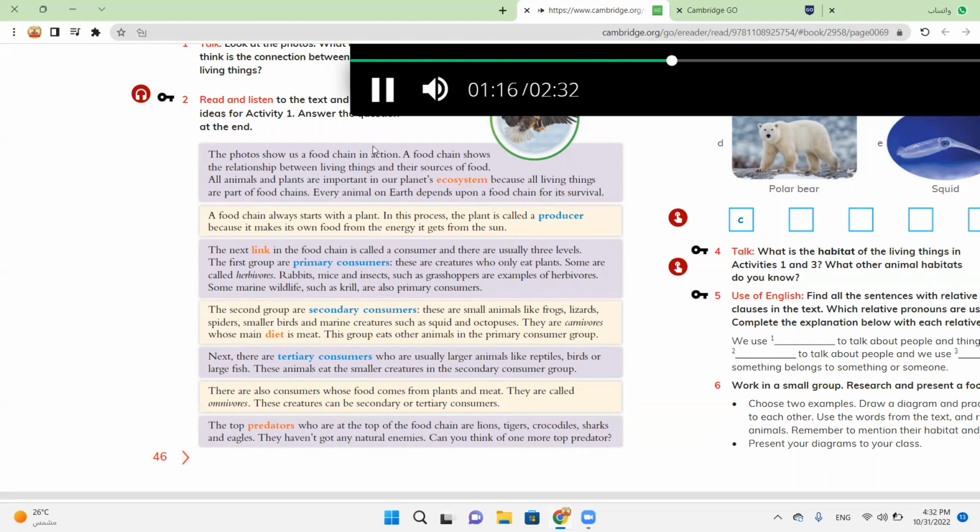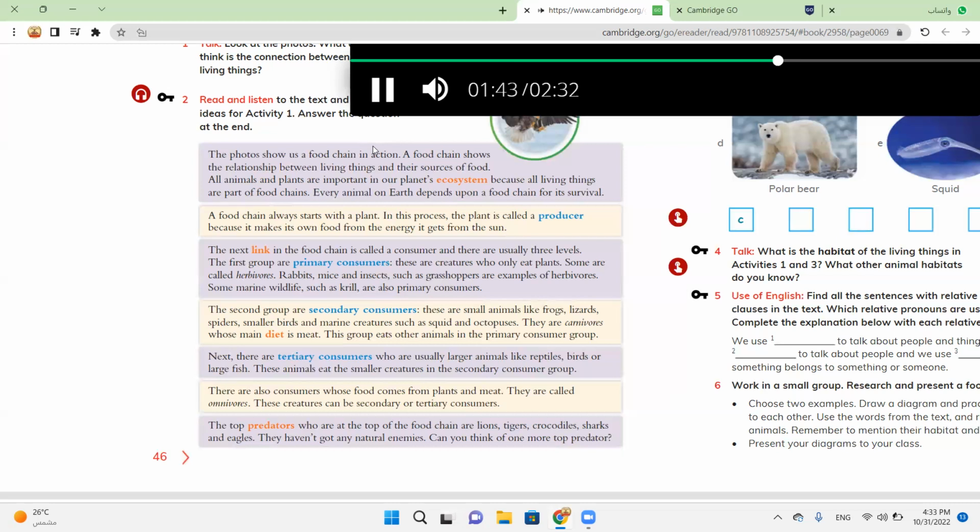The second group are secondary consumers. These are small animals like frogs, lizards, spiders, smaller birds, and marine creatures such as squid and octopuses. They are carnivores, whose main diet is meat. This group eats other animals in the primary consumer group.